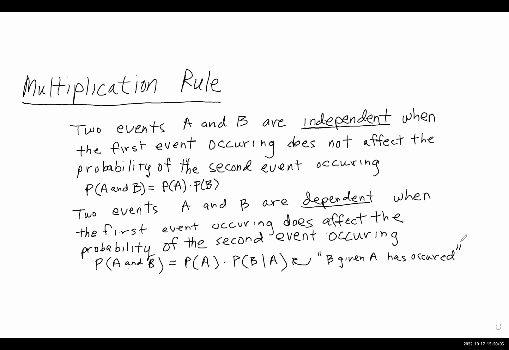But anyway, suppose the problem asked, what's the probability of drawing an ace and then a king, drawing an ace followed by a king.